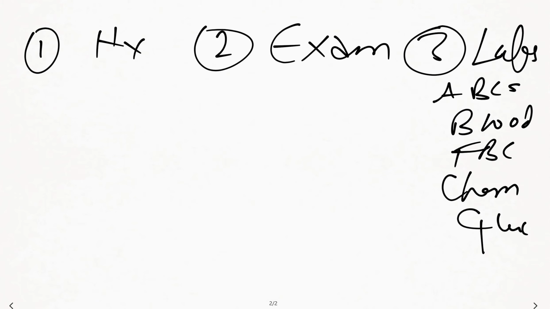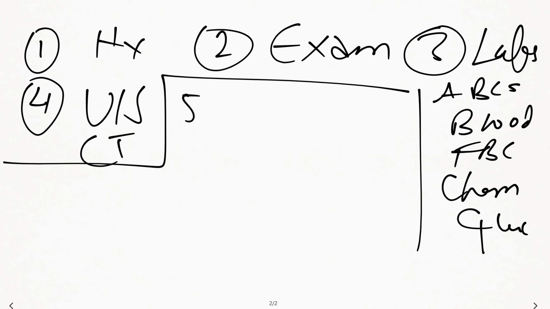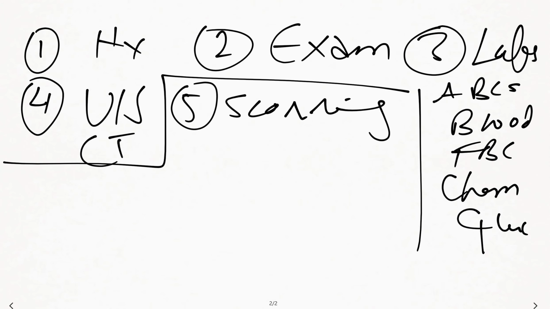These are your investigations, and now you are going to move to your radiological investigations. You are going to do ultrasound, you may need to do CT here, and according to these things you are going to do your scoring, either Glasgow or Ranson's or whatever, and according to your scoring you are going to decide if the patient needs to be transferred to the ITU.